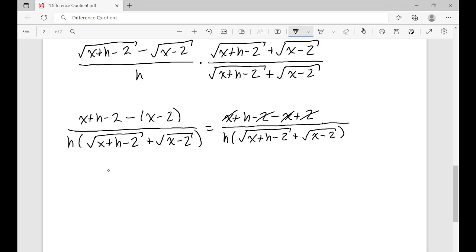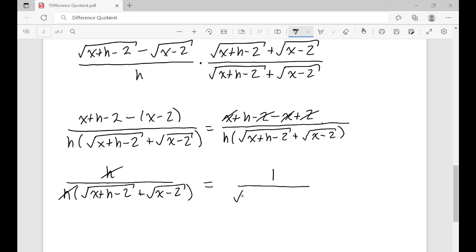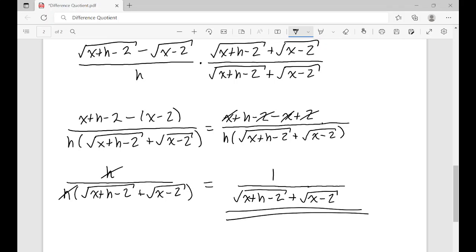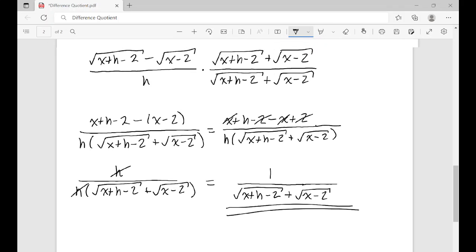We're going to end up with h up top over h times the quantity square root of x plus h minus 2 plus square root of x minus 2. The reason why we didn't distribute the h is because right here, the h's should cancel. So simplifying is made easy because we don't have to do a lot to the bottom. And we have the square root of x plus h minus 2 plus the square root of x minus 2. As ugly as this looks, this is the answer for the difference quotient of this function here.